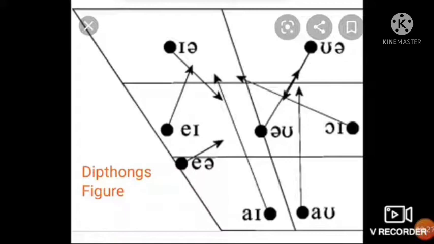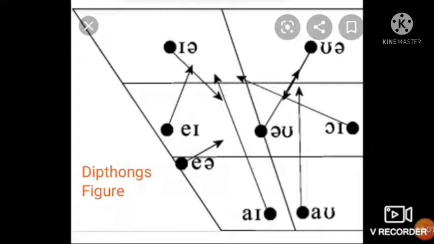'I', sight, drive, five. Then 'ow', now, cow. Next 'oi', for example boy, join. Next 'ear', for example near, beer. Then 'air', for example there, here.